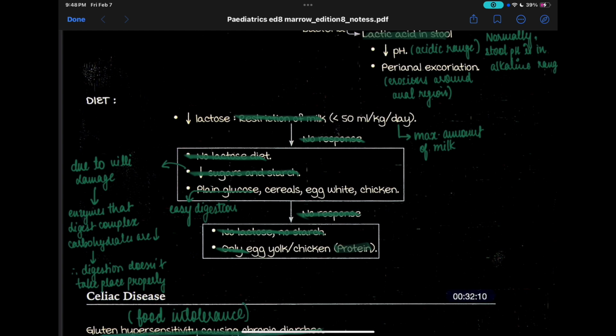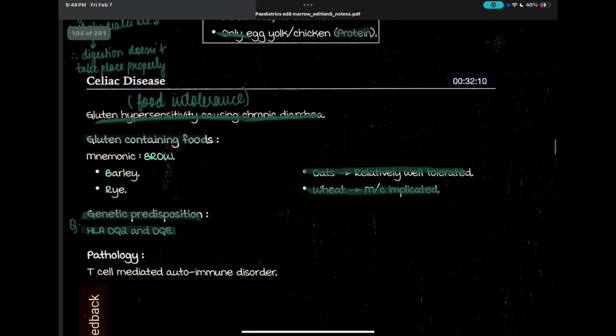Plain glucose is easily digestible. Due to villi damage, enzymes that digest complex carbohydrates are reduced, and digestion doesn't take place properly. So restrict milk or just stop lactose and sugar altogether.